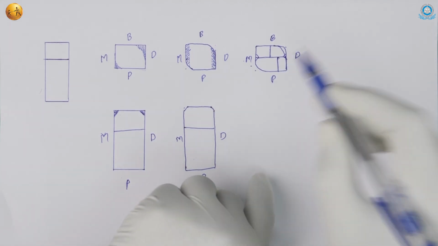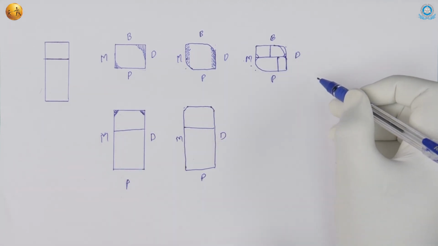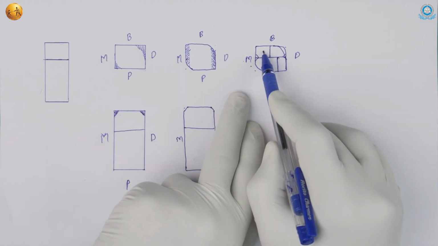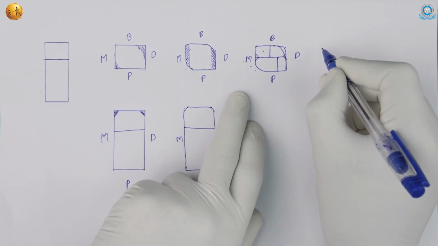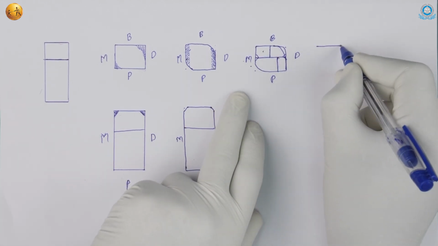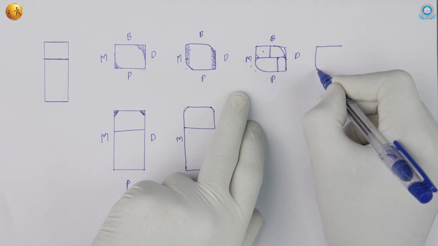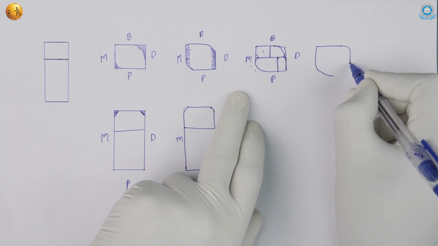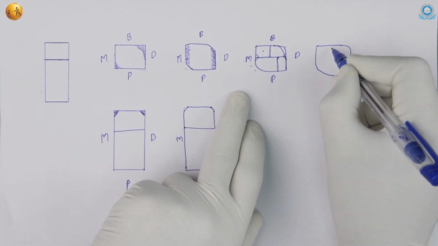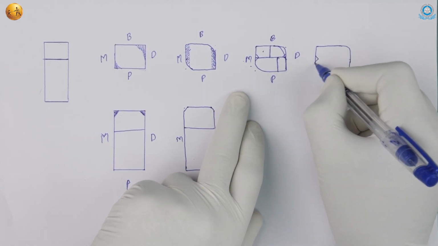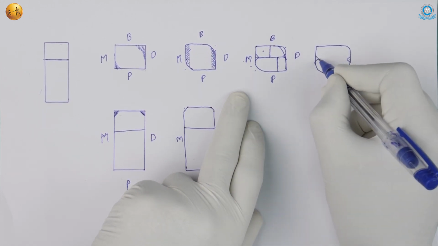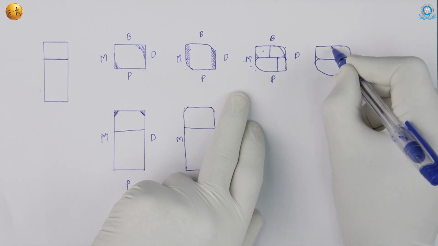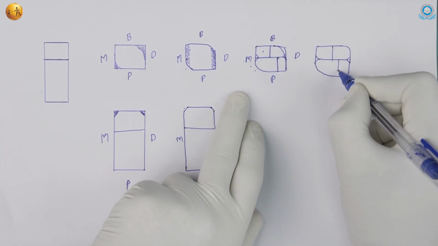On the occlusal table, there are 4 cusps: mesiobuccal cusp, distobuccal, distopalatal, and mesiopalatal. So this is how it appears, exactly into half, and this is palatal.